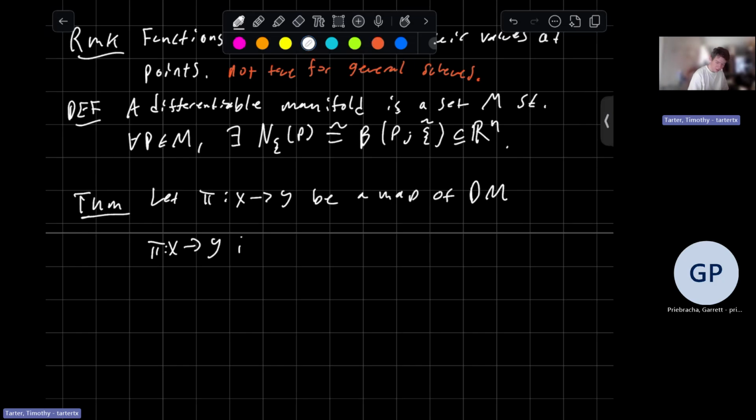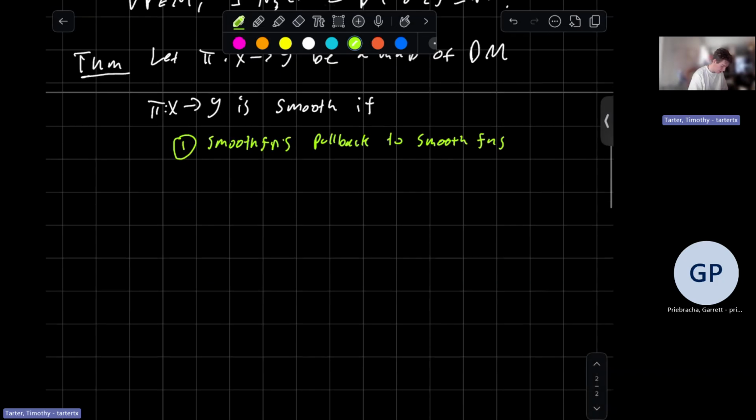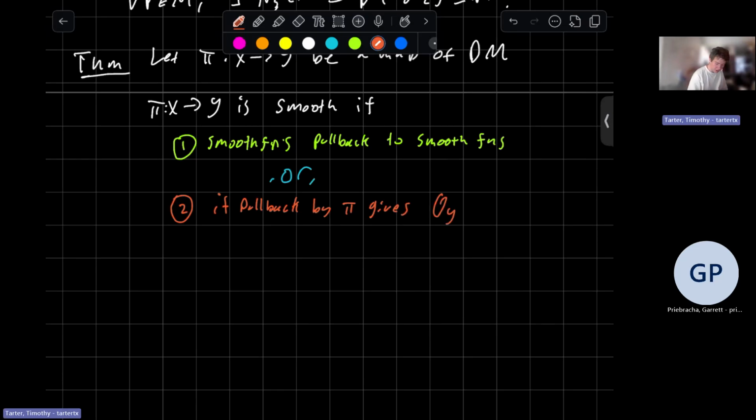Pi from x to y is smooth if, and there are two equivalent statements, smooth functions pull back to smooth functions, or equivalently, if pullback by pi gives a map from the structure sheaf on y to the pullback of the structure sheaf on x.